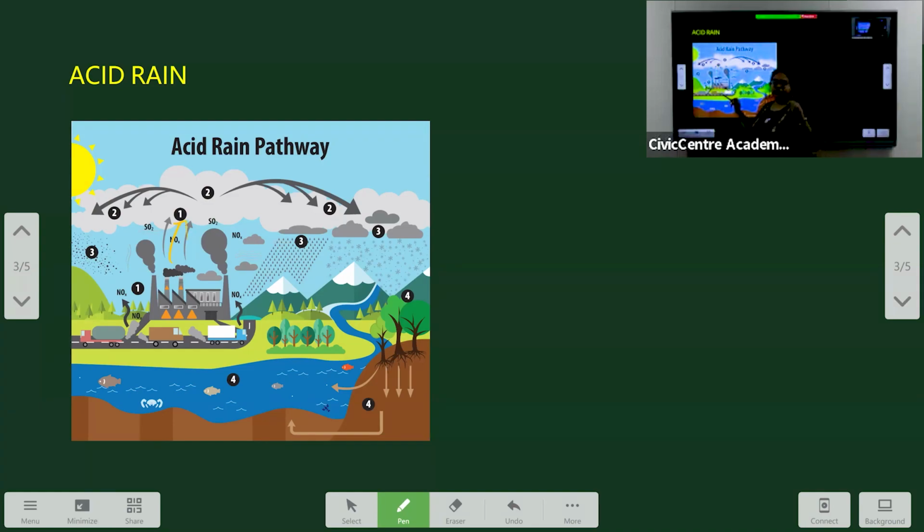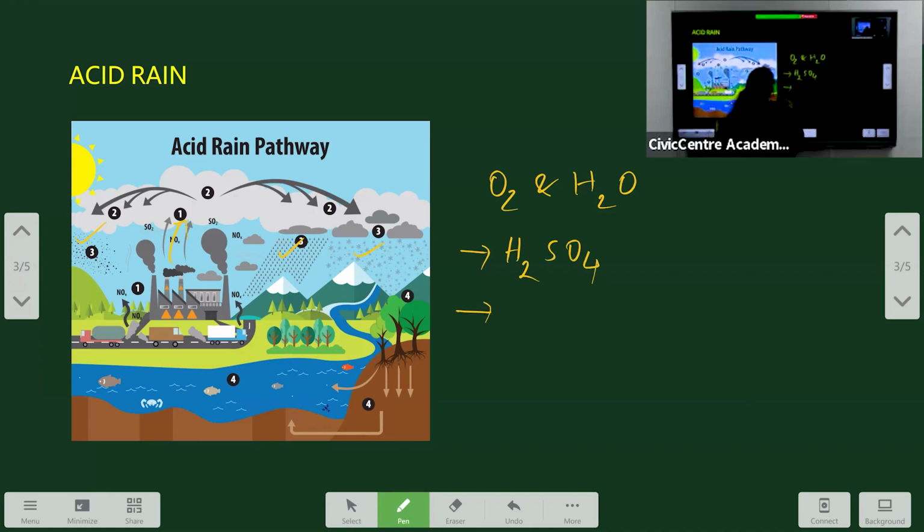When the compounds of nitric oxides and sulfur oxides that are released from the factories and the industries and from the vehicular exhaust reach the atmosphere and combine with the oxygen and the water vapor and precipitate and come back to the earth in the form of rain or snowfall or even fog, they tend to have acids like sulfuric acid and nitric acids. And they are very harmful to the ecosystem.